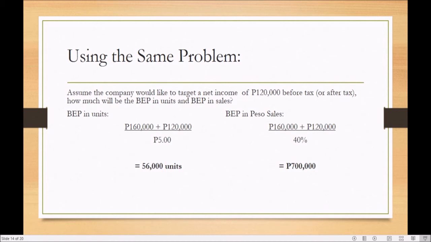Sige. Well, you can check kung tama, ma-achieve nga yung 120. I give you the honor to check if the 120 targeted net income is being achieved at 700,000 or at 56,000 units. Okay? Sige.